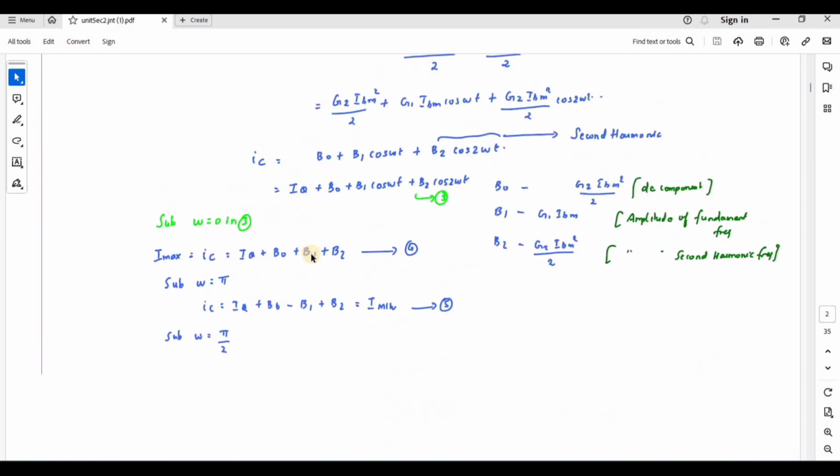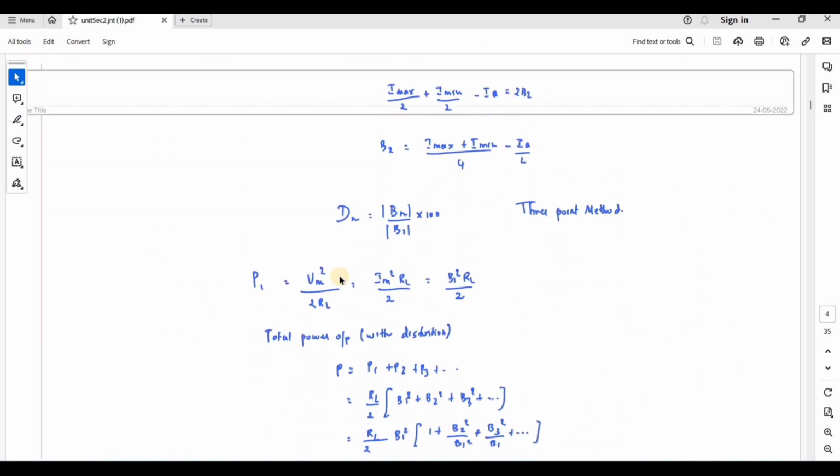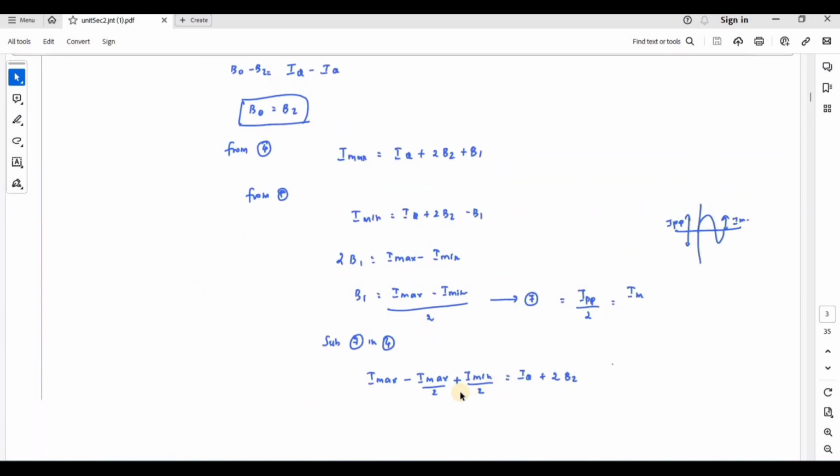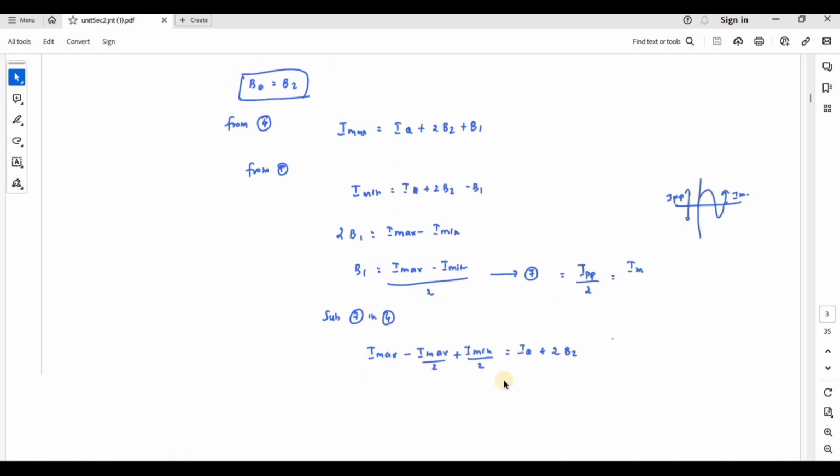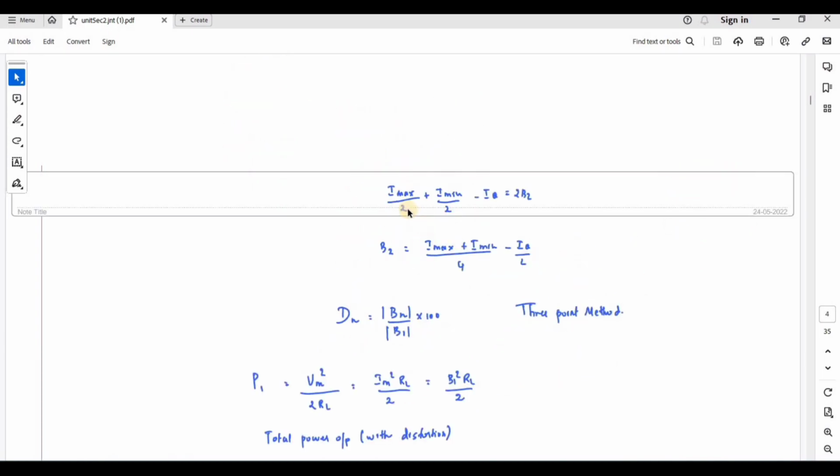Instead of b1 I am substituting I max minus I min divided by 2. So if I solve, I will get I max divided by 2 plus I min divided by 2 minus iq is equal to 2b2. So I will get b2 is equal to I max plus I min divided by 4 minus iq divided by 2.